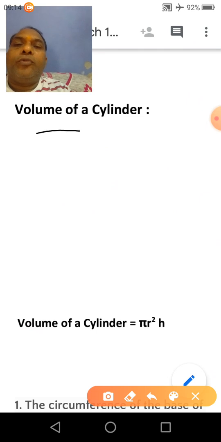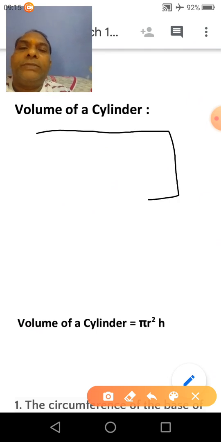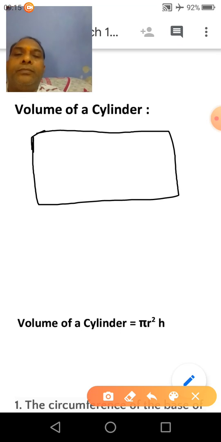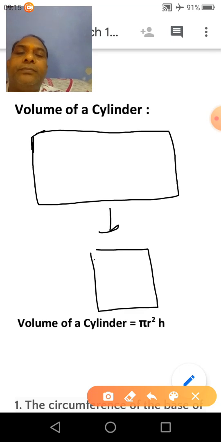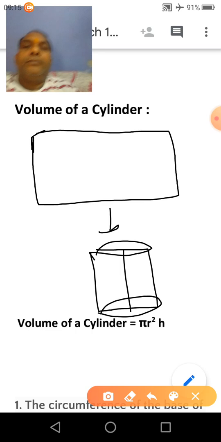So suppose a rectangular sheet is turned into a cylinder. Clear?